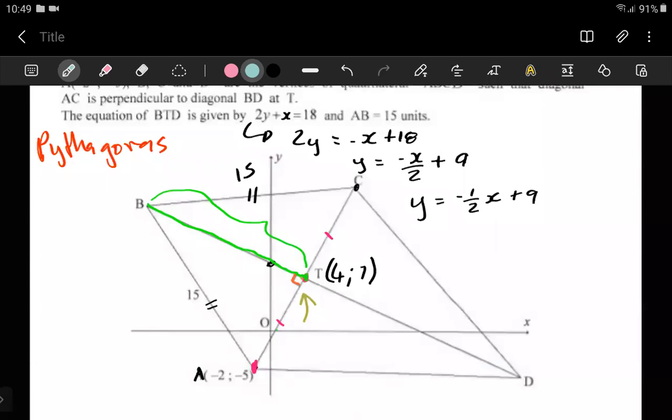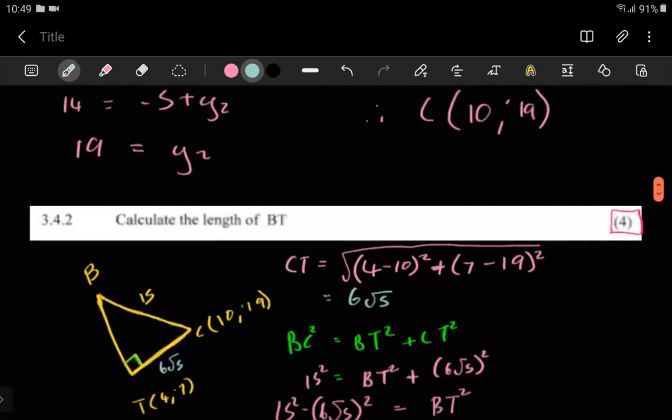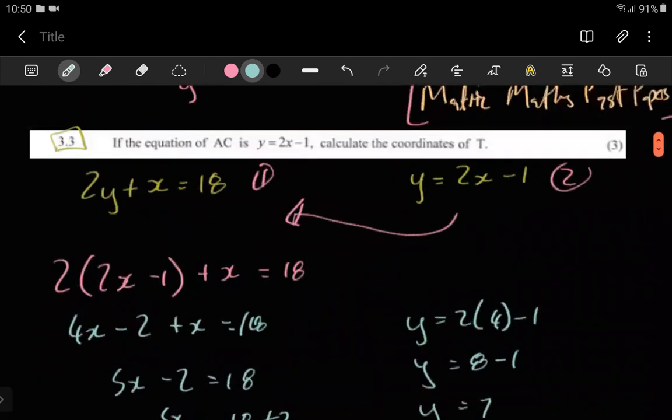I'm still getting an error. Just put everything exactly the way it looks here. Put the square root symbol first, then write 15 squared, and then minus, and put your brackets, 6 square root of 5. I'm going to reset it first.